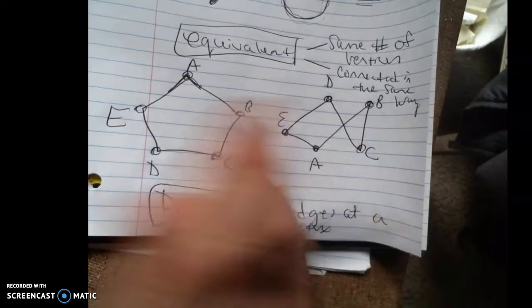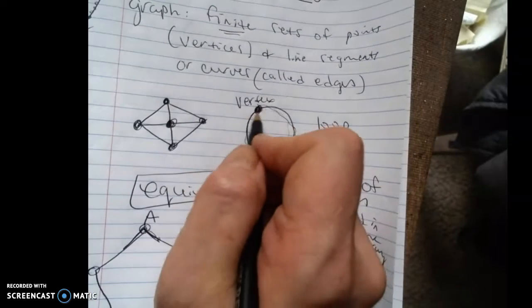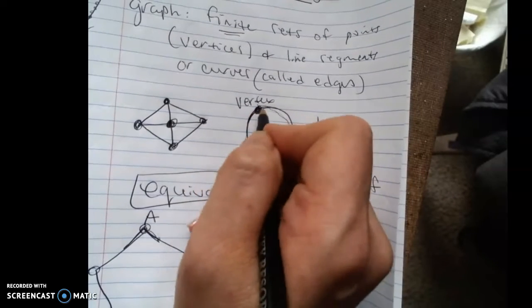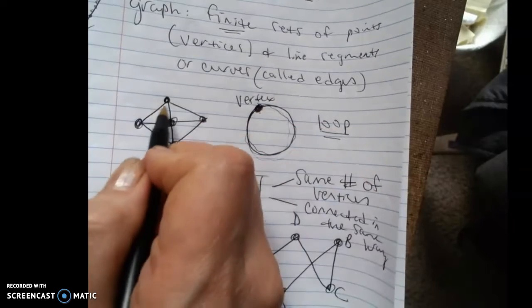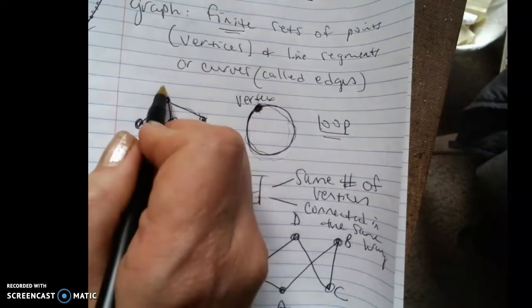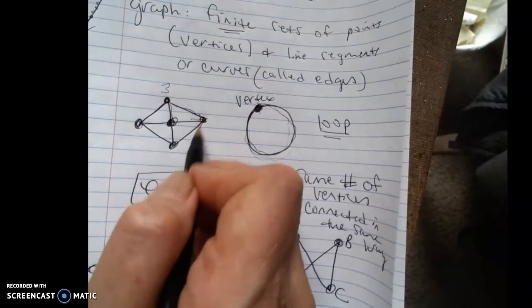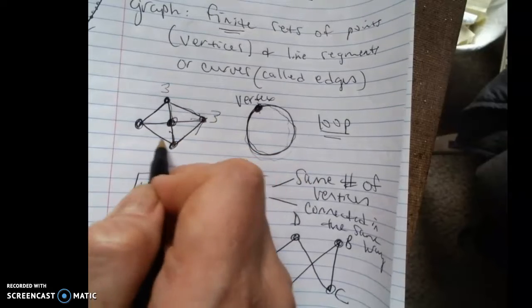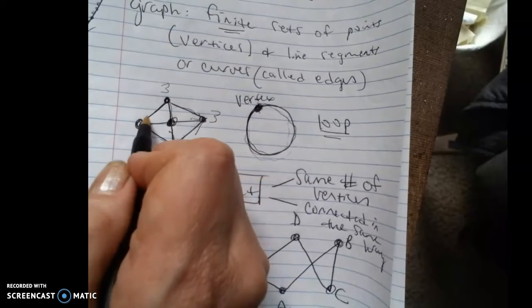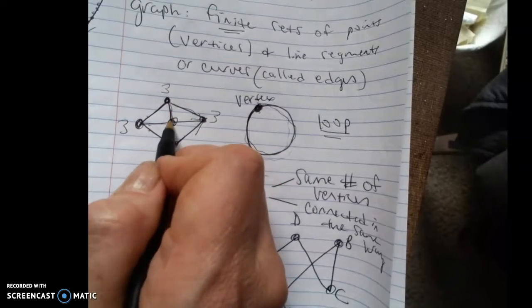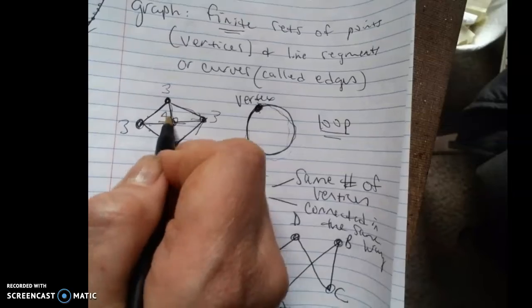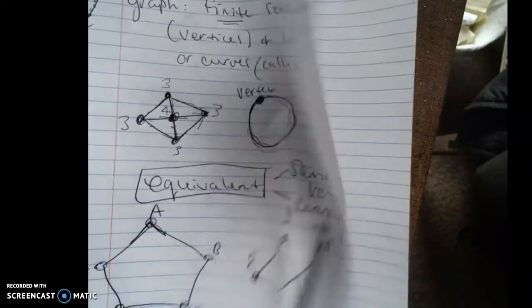Same thing over here. A loop has degree 2 as well, because one coming in, one coming out. Here I have 1, 2, 3 coming in, so that has degree 3. We're counting the roads, or the edges. This one has 4. 1, 2, 3, 4. So that's your degree.